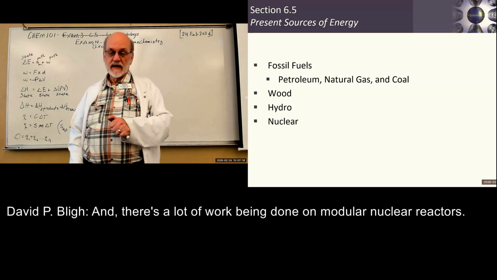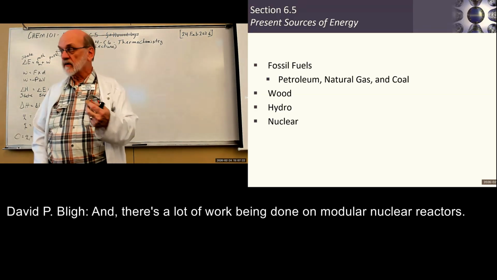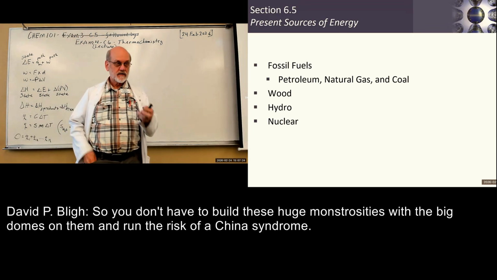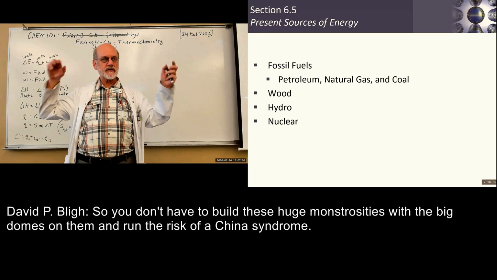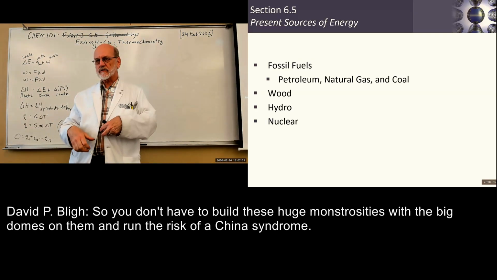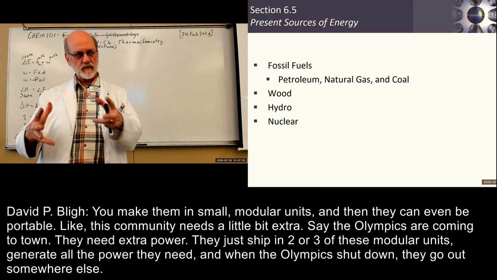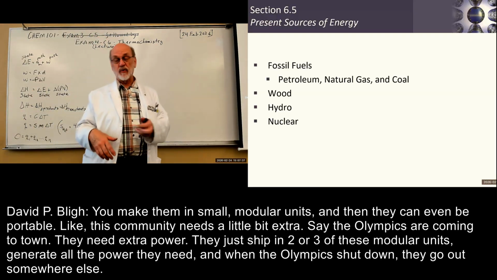And there's a lot of work being done on modular nuclear reactors. So you don't have to build these huge monstrosities with the big domes on them and run the risk of a China syndrome. You make them in small modular units, and then they can even be portable.